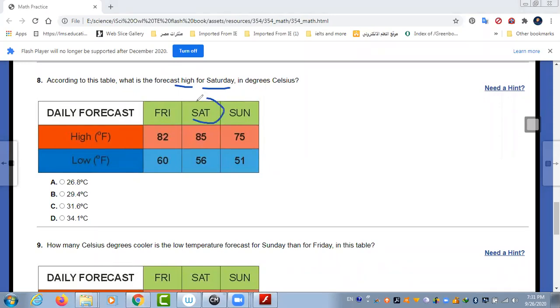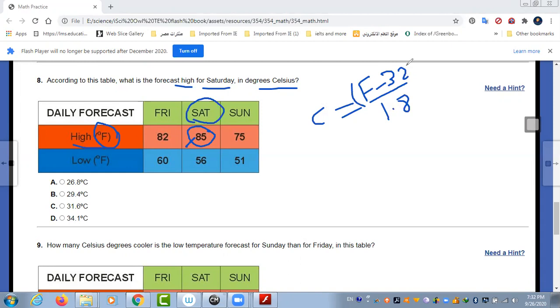So we have Saturday here, this high, and it is in Fahrenheit. Pay attention, it is in Fahrenheit. So I want you to convert 85 to Celsius. Celsius equals F minus 32 over 1.8, as we said before. Just put 85 here and complete your calculations.